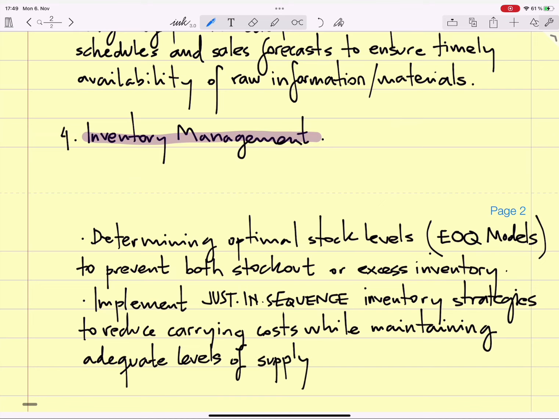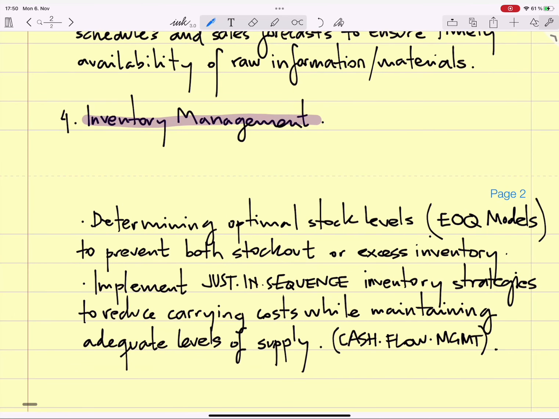Okay. This is basically cash flow management. And it's something that we will look at in the next weeks with a case study.